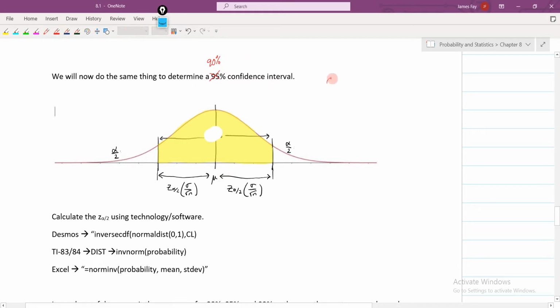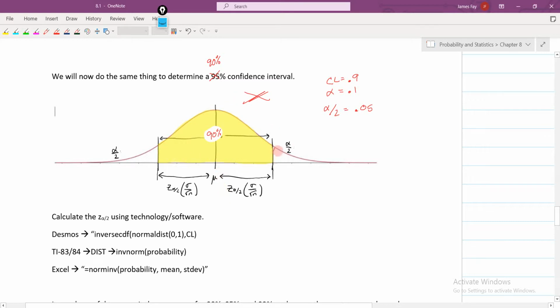So the confidence level is 0.9. That means our alpha is going to be 0.1, and then alpha over 2 will be 0.05. So this yellow area, that central or middle 90%, is in the yellow.